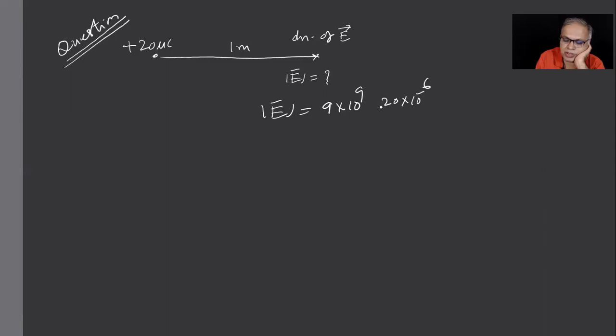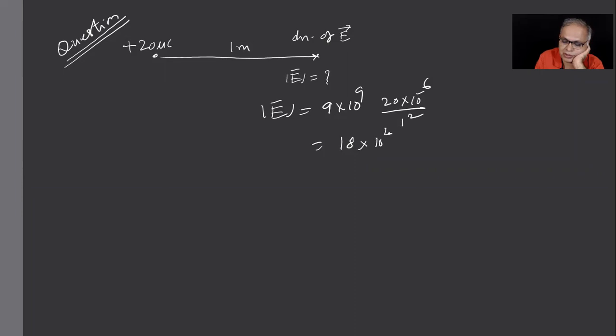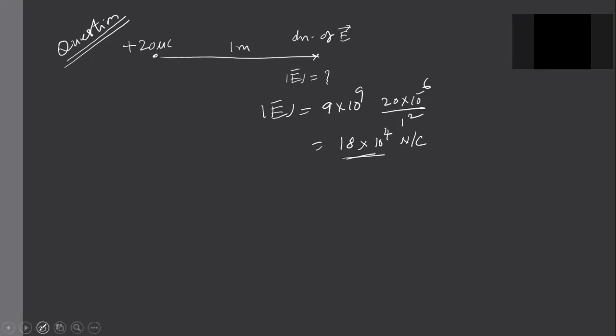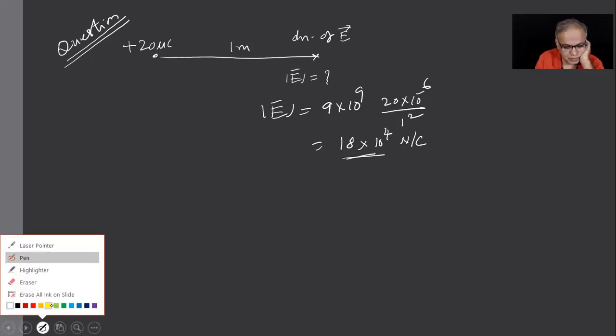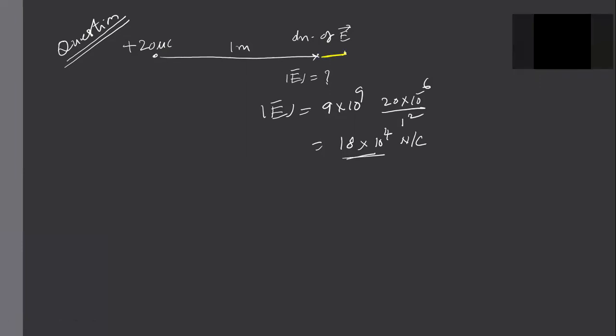I don't need to write plus here once I write mod E by R square. 18 into 10 to the power 4 Newton per coulomb. Which way, Rishita? Away from it, sir. Yeah. Okay, this is E.